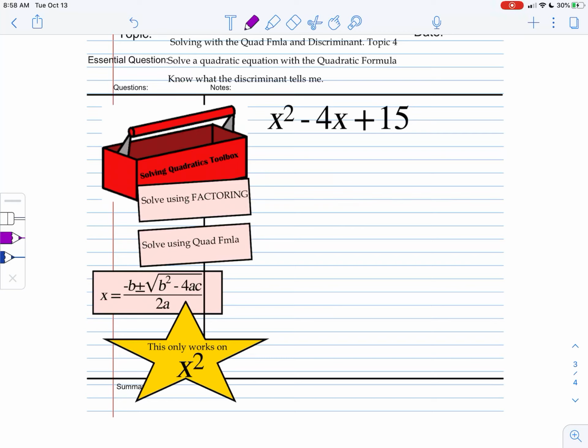So I still have it written there, and then if it helps you, write out A, B, and C. All right, so x equals negative negative 4, which gives me a positive 4, plus or minus the square root. Again, you should put parentheses around that.